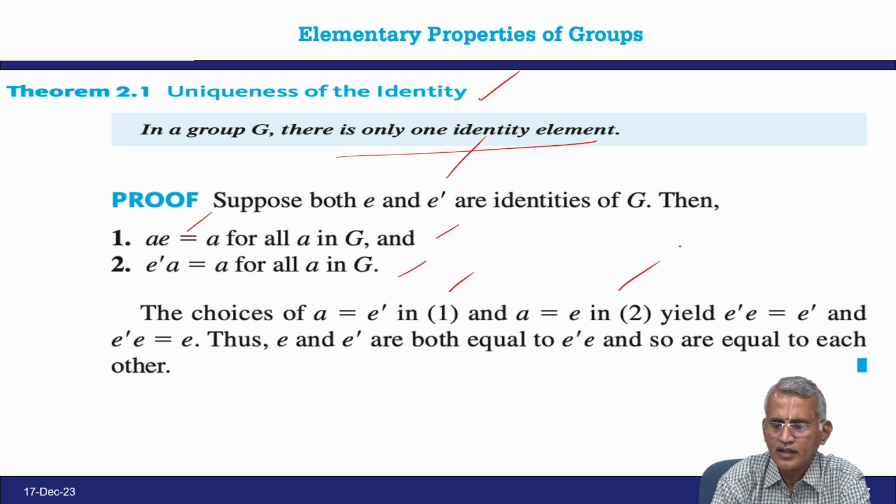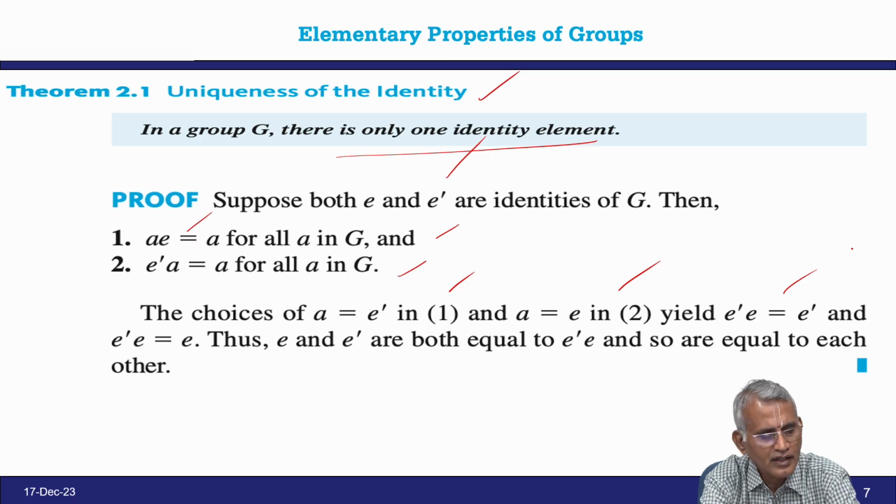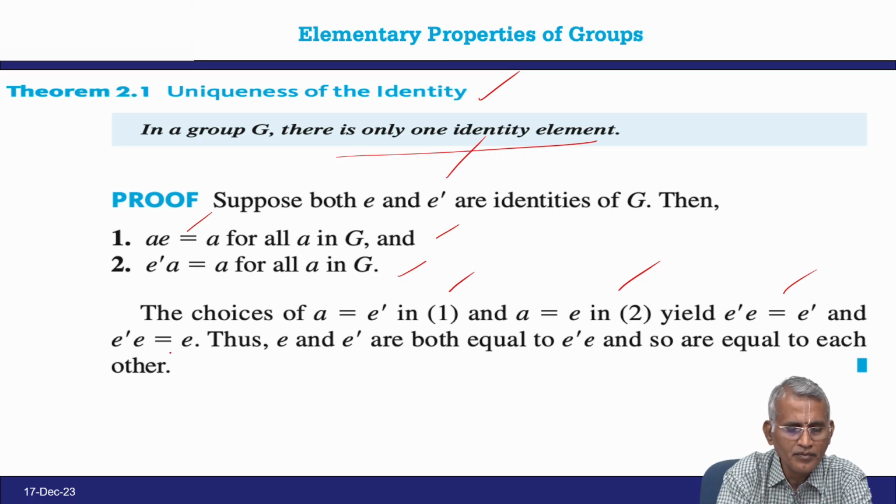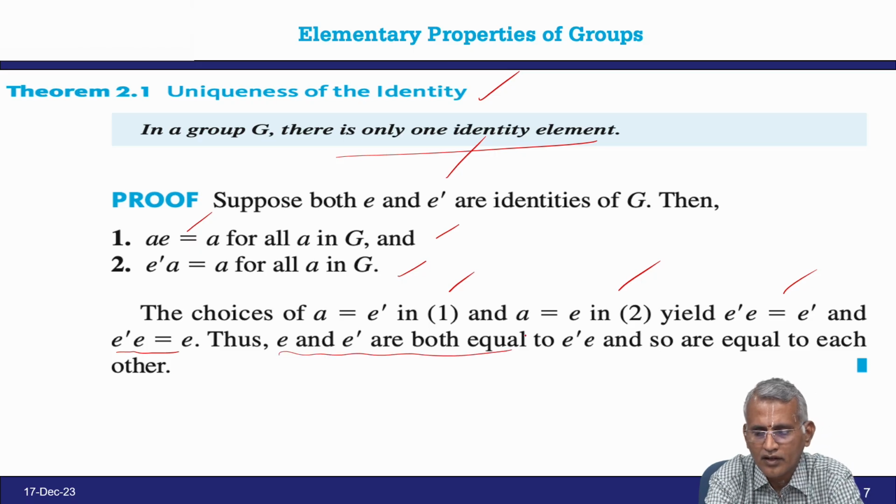It yields E dash into E is E dash, and E dash into E equal to E. So from this, both E and E dash are equal to E dash E. They are equal to each other, so only E will come. This way we can write the uniqueness of identity.